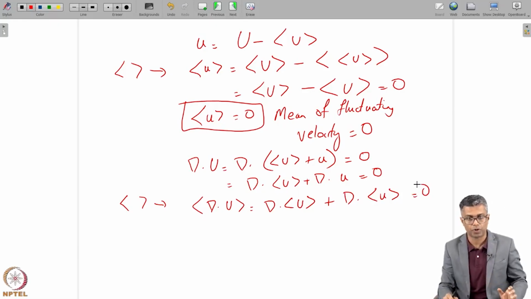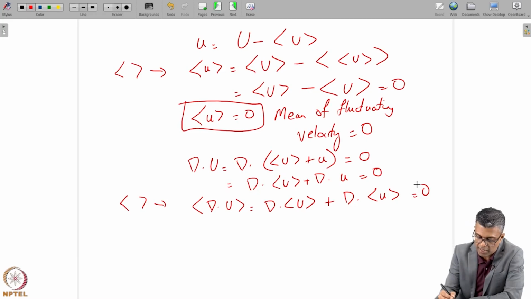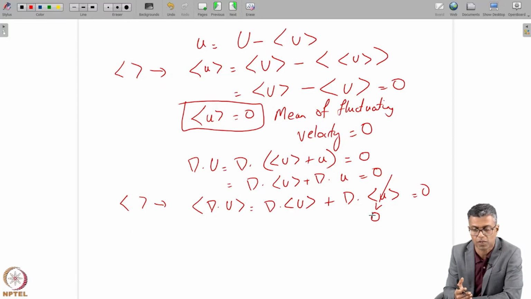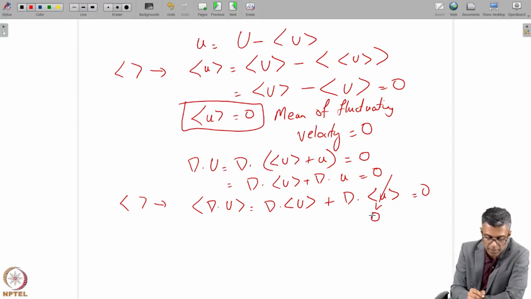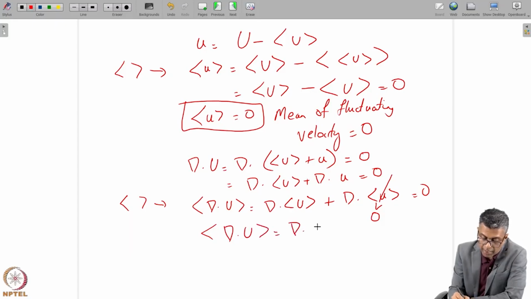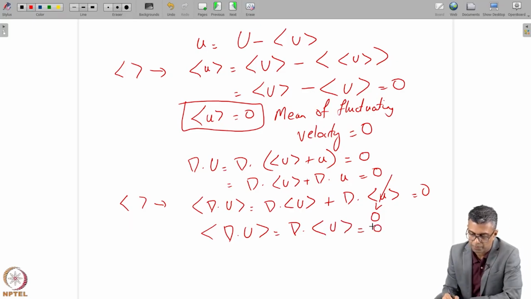We know it according to continuity. So essentially, this last term is equal to 0 because the mean of the fluctuating velocity is equal to 0. We already saw that. So the average of the continuity equation gives that the divergence of the mean of the velocity is equal to 0.